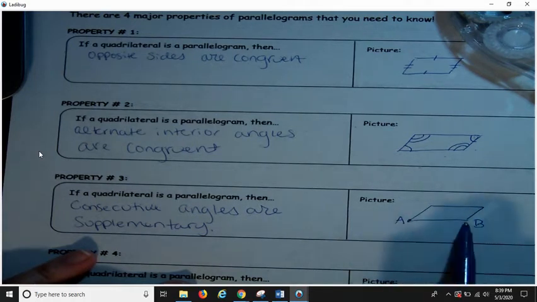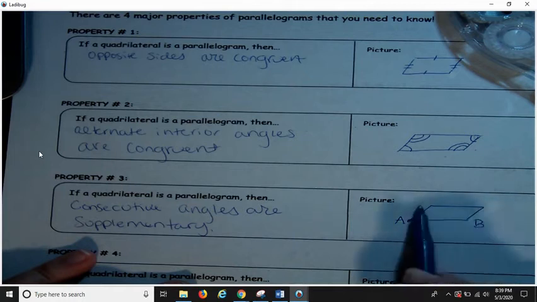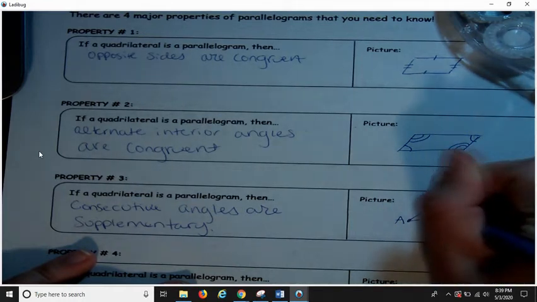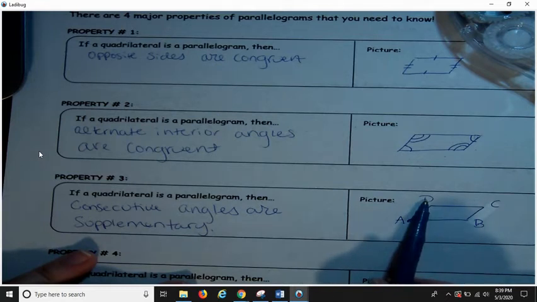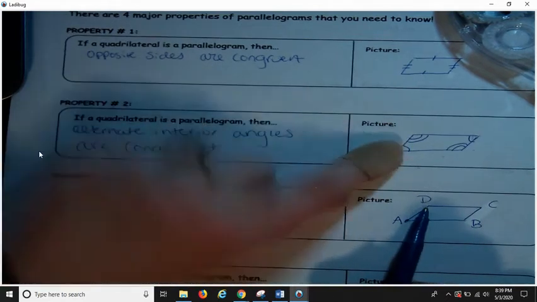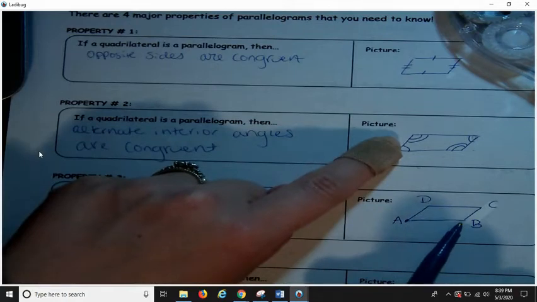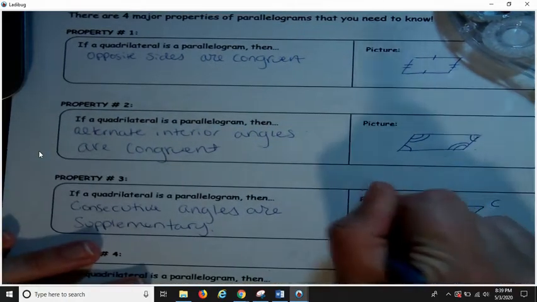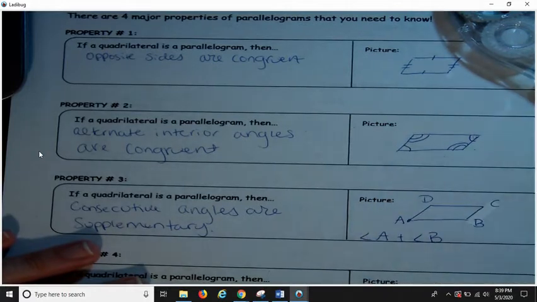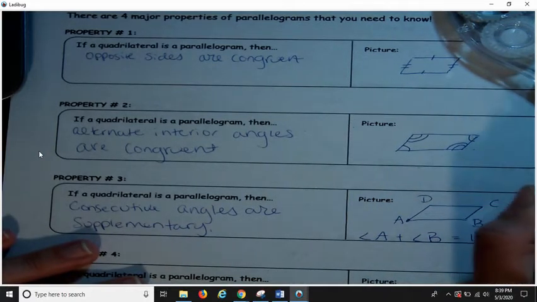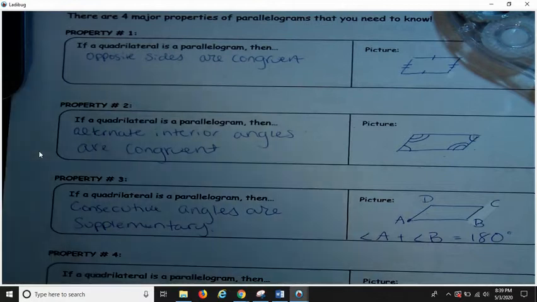So from A to B, if this were C and D, A is consecutive with B and D. Remember from the last property, B and D are congruent. So angle A plus angle B, or you could replace B with D, should add to 180. Remember that supplementary means 180 degrees.